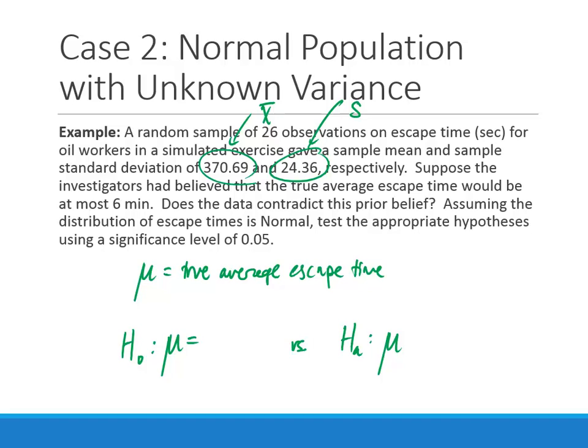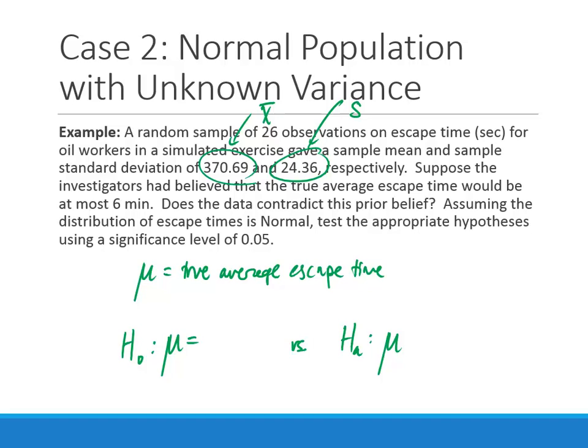To actually set up these hypotheses, I have to think about what the question of interest is. The investigator's prior belief here is that the true mean would be at most 6 minutes. And remember, the claim that I'm interested in testing is what I'm going to put in my alternative hypothesis.